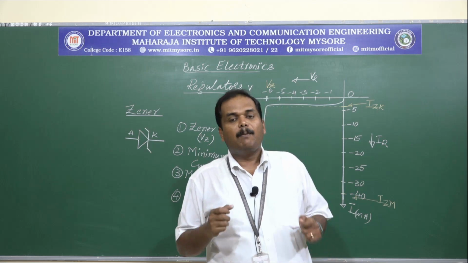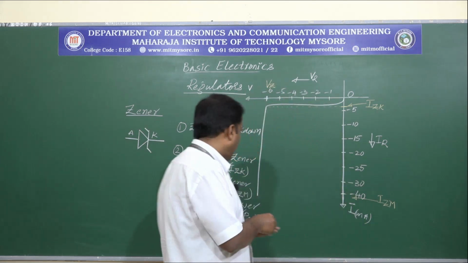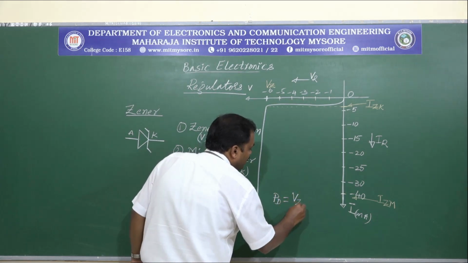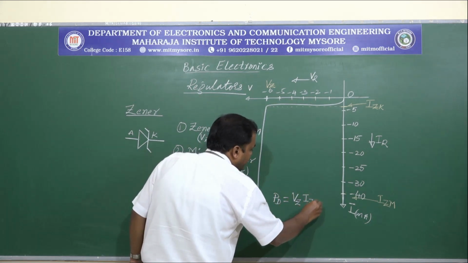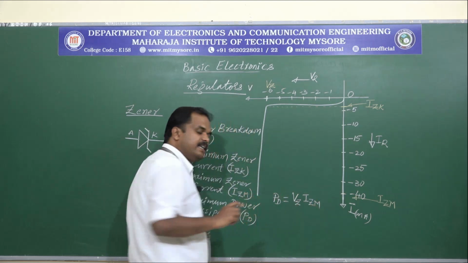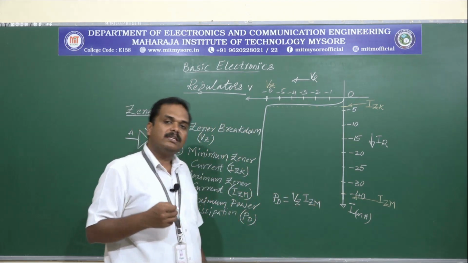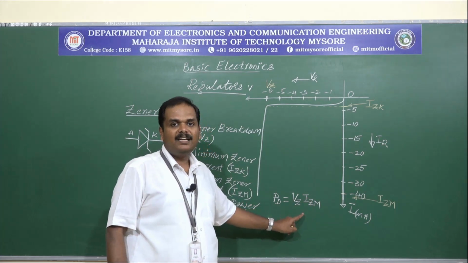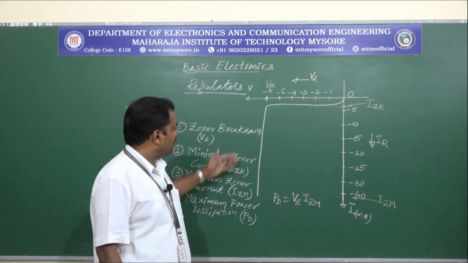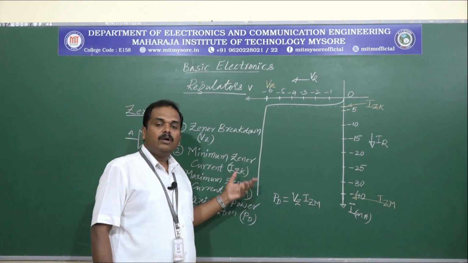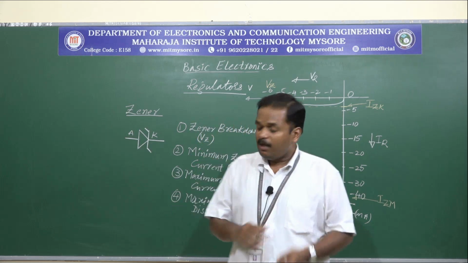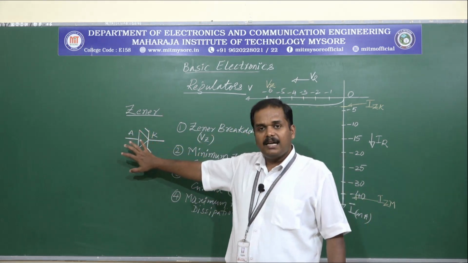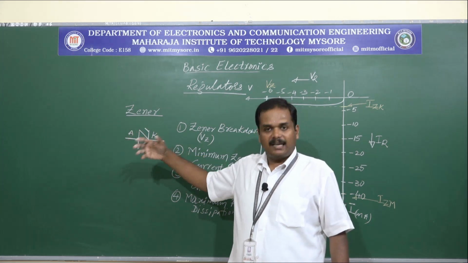This parameter PD is given by Vz into IZM, where Vz is the Zener breakdown voltage or the Zener voltage, and IZM is the maximum Zener current. These are the parameters associated with any Zener diode. Keeping these parameters in mind, we'll use any Zener diode to work as a regulator.